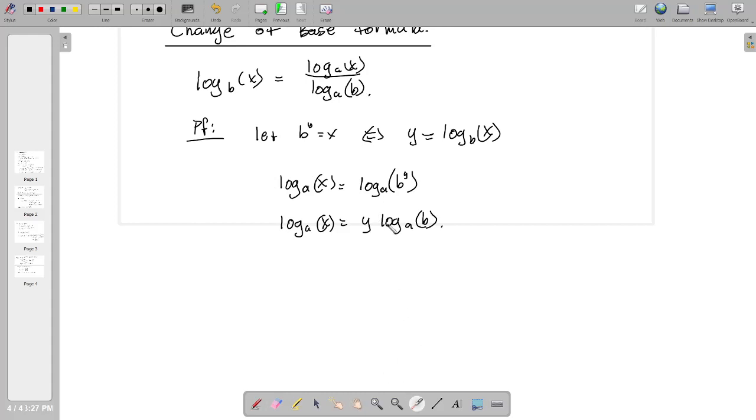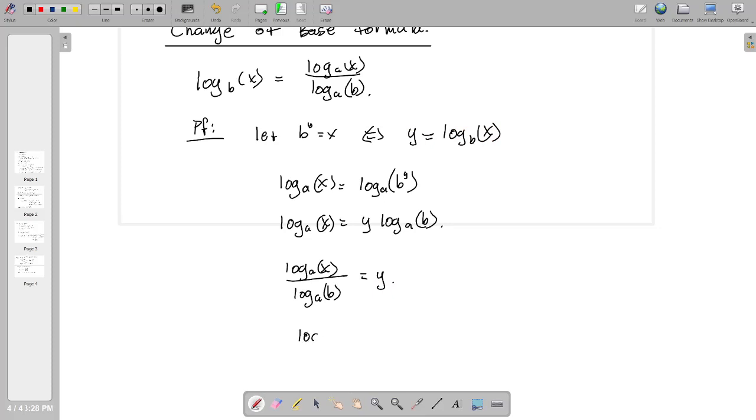Then all we need to do is divide by log base a of b here. And we have log base a of x divided by log base a of b is equal to y. Now notice here that our y is equal to log base b of x, so I can replace my y with log base b of x.